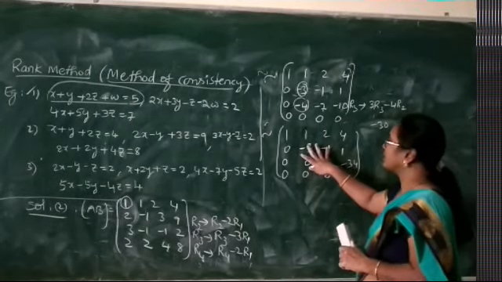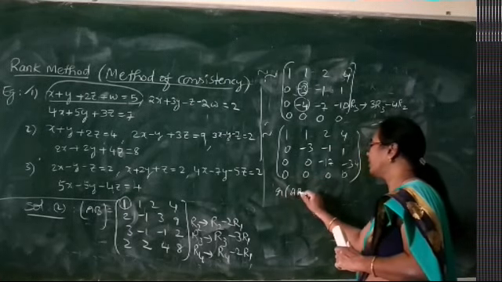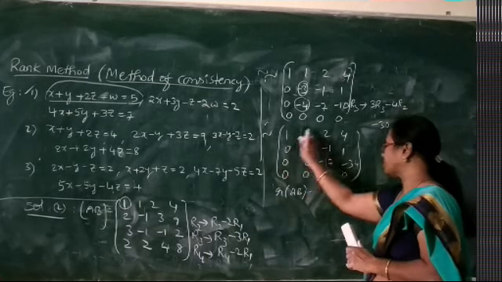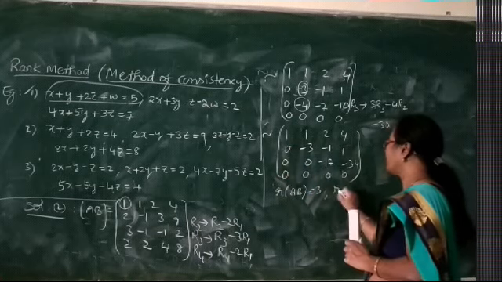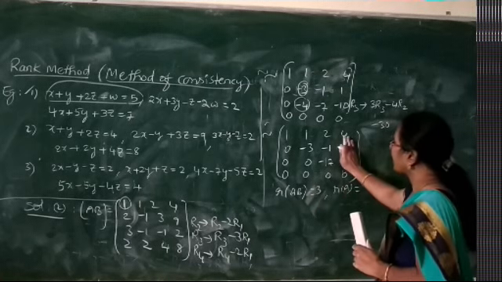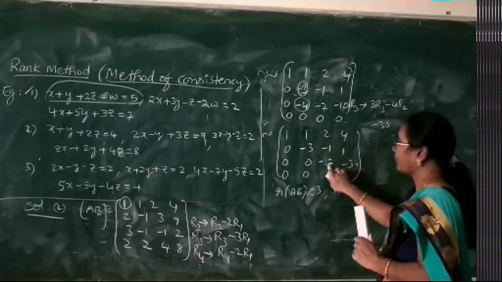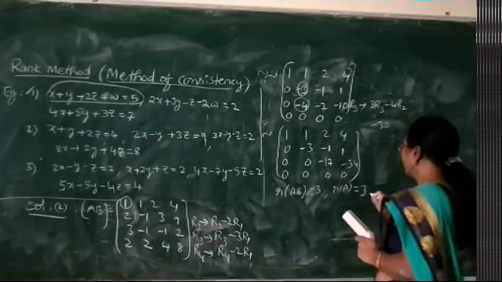Right? So clearly this is the echelon form, and thereby we can have the rank of AB here. For the total matrix there are 3 non-zero rows, so rank of AB is 3, and for the rank of A, in the matrix without the last column we have 3 non-zero rows, so rank of A equals 3.